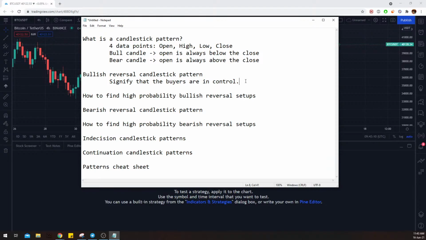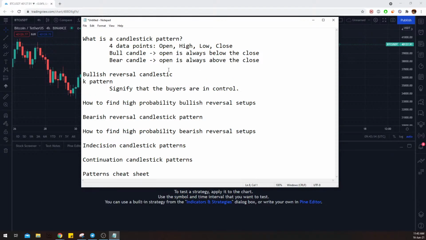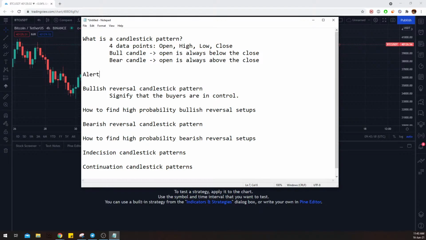So, you remember this. This is kind of like an alert. I think this one is self-explanatory. It has to be put here. Alert. So, I'm going to remind you one more time: the candlestick alone will not give you an edge.